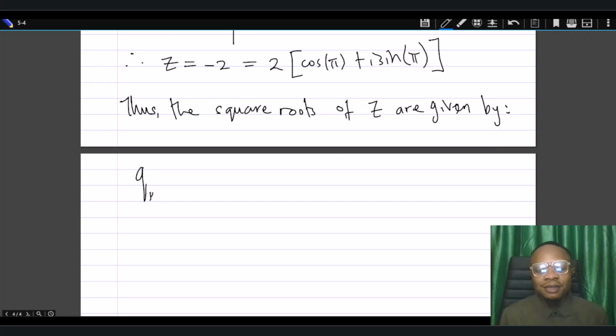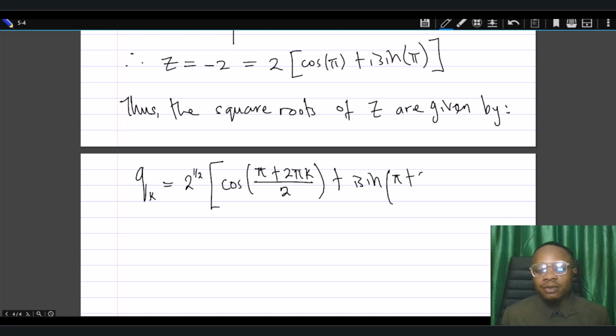So it should be given by q sub k equals r, and r now is 2, so we have 2 to the power of 1 over 2, then into cosine of theta. Theta, as we've seen, is pi, so this will be pi plus 2 pi multiplying k, then divided by n. Our n is 2, so this is plus i sine of pi plus 2 pi multiplying k, then all of this divided by 2. So we close this off and close this off.